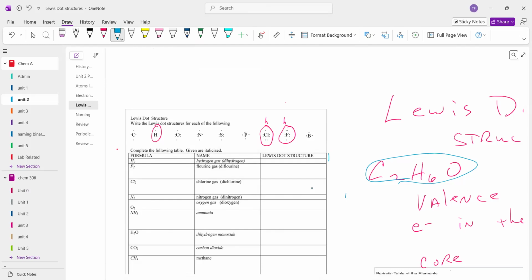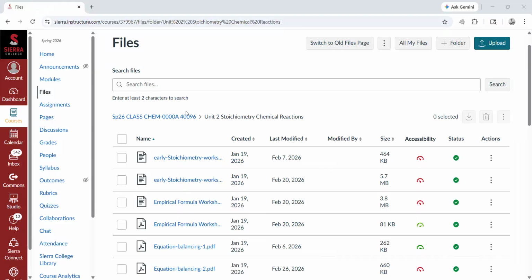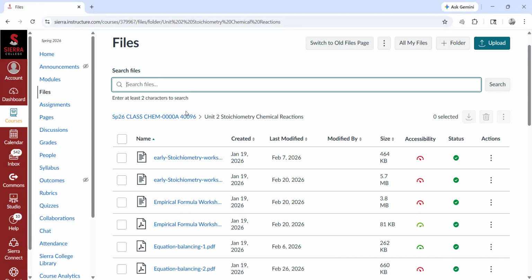Now, if you want to find these files, go to Canvas. And at the top here, let's see, up one.